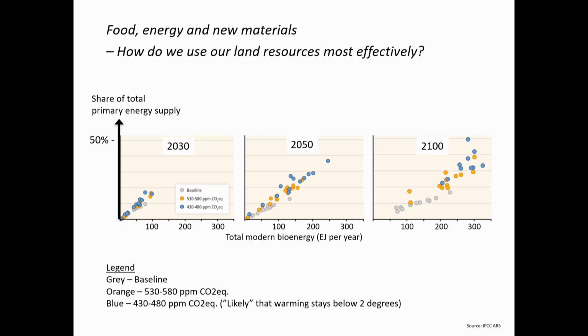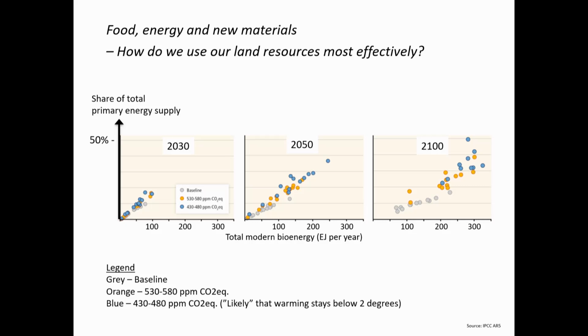And you have the blue that shows a stabilization level that was at that time considered to correspond to a quite good likelihood of staying below 2 degrees warming. I think likely in IPCC language is more than 66% or so.